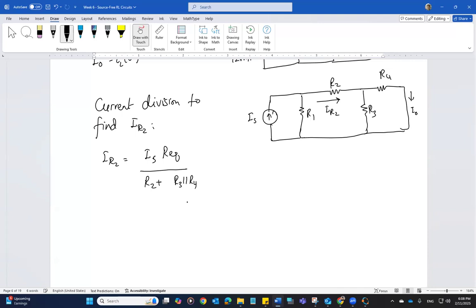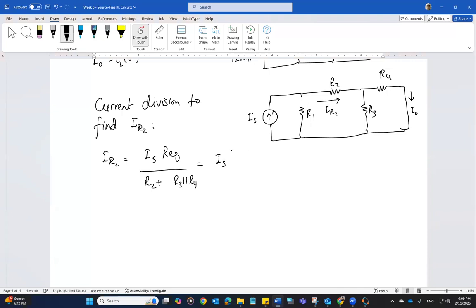That's going to be one series resistance through which R2 is going to be flowing. The equivalent resistance is R2 in series with R3 parallel to R4, and the parallel combination with R1. That is your equivalent resistance.